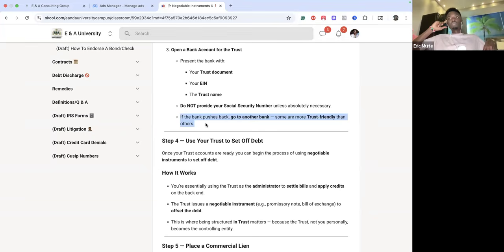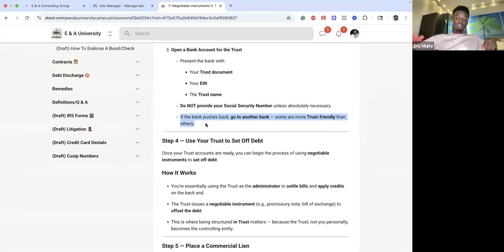It's a non-interest bearing account because it's a trust, but you're a customer at the end of the day. So when you go to the bank and they don't accept what you have to offer, just move on. They just don't want to do business. That's their loss, not yours. So just move on to the next one.